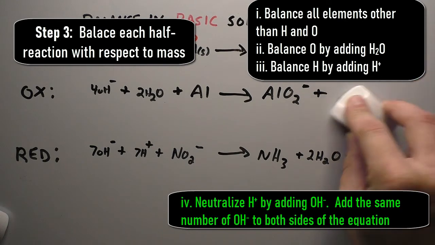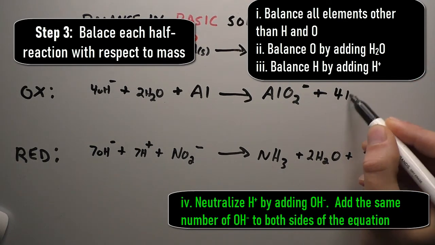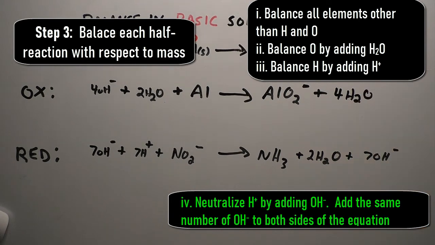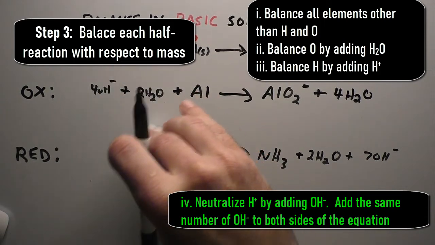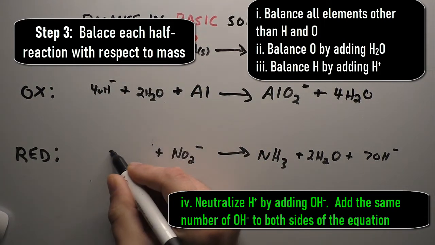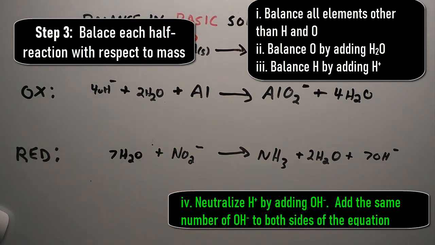So 4 H pluses, 4 OH minuses, that's the same thing as 4 waters. And applying the same logic over here, we've got 7 OH minuses, 7 H pluses. That's the same thing as 7 waters, right? So step 3 is finished.